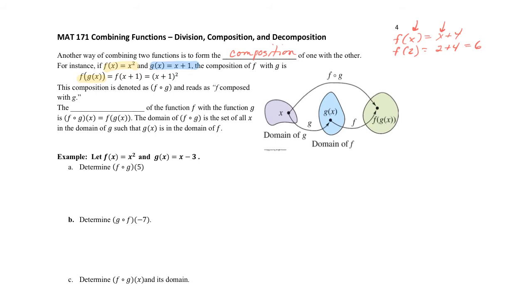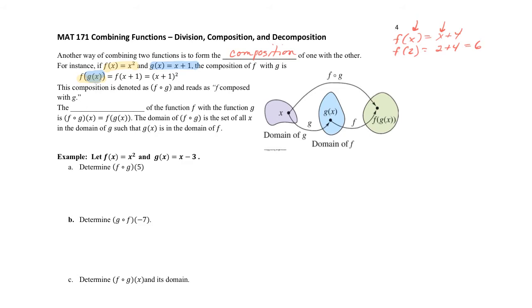Easy enough. So when we talk about the composition of functions, it's the exact same idea. But now, instead of replacing x with a value, you're going to replace x with another function. And so in this case, you would replace x with whatever the function g of x is. So instead of putting a number in, we're going to put in g of x.